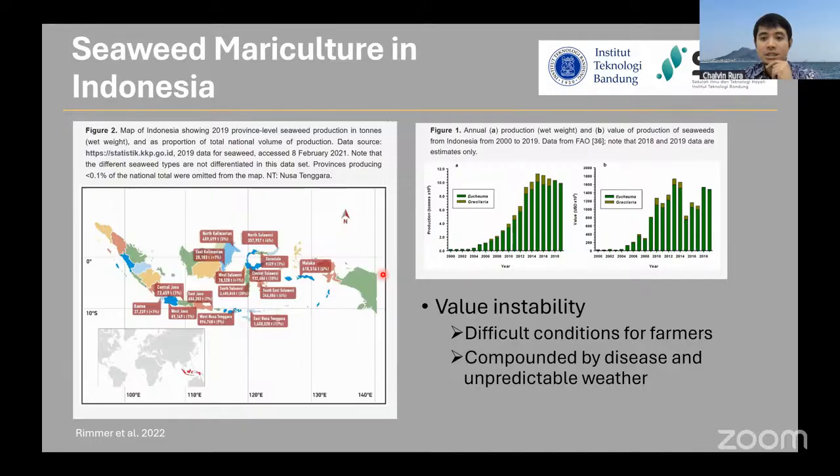But I just want to mention that we also have a seaweed mariculture industry. Although the distribution is not very, how do you say, equal.